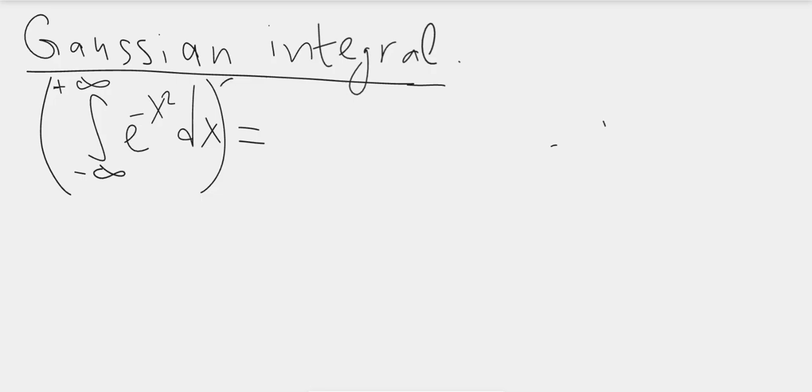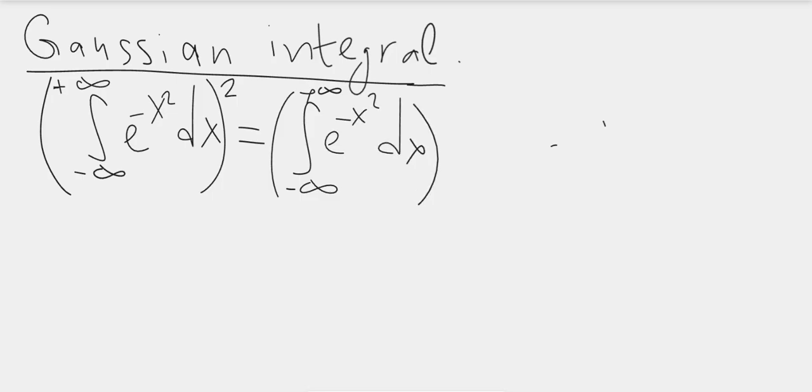But so we start with the square of the integral, and we rewrite it as a product of two same integrals. So integral from minus infinity to infinity e to the power minus x squared dx, and the same integral again, e to the power minus x squared dx.